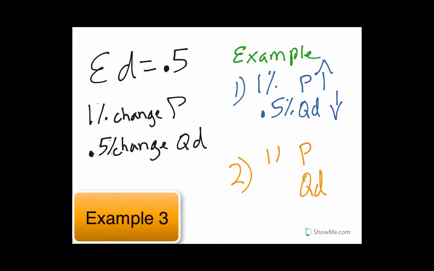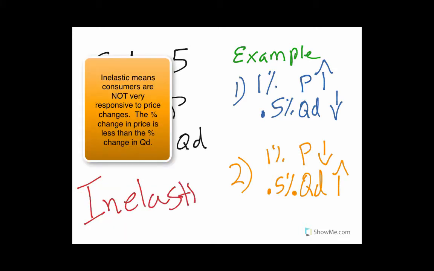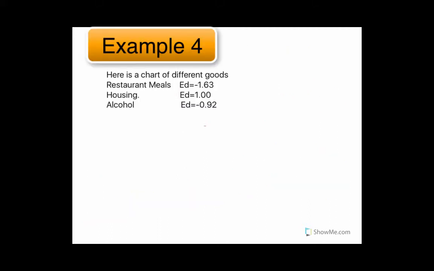If there is a 1% decrease in price, there will be a 0.5% increase in quantity demanded. As you can see, the quantity demanded shifts by barely about 0.5%, so it's not a whole lot. So what we call this is inelastic.